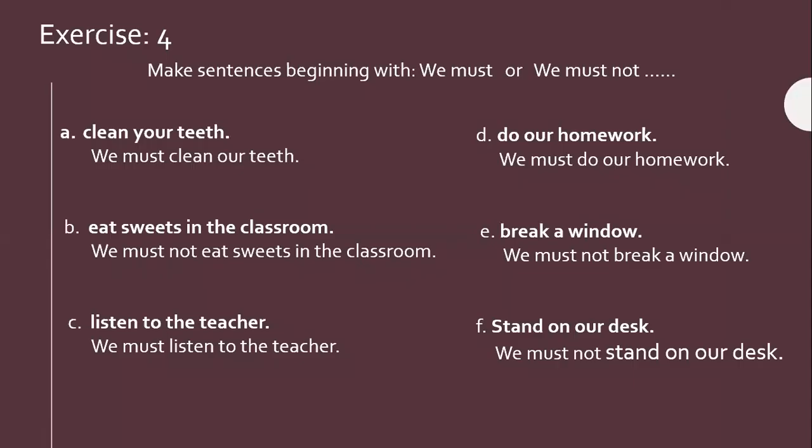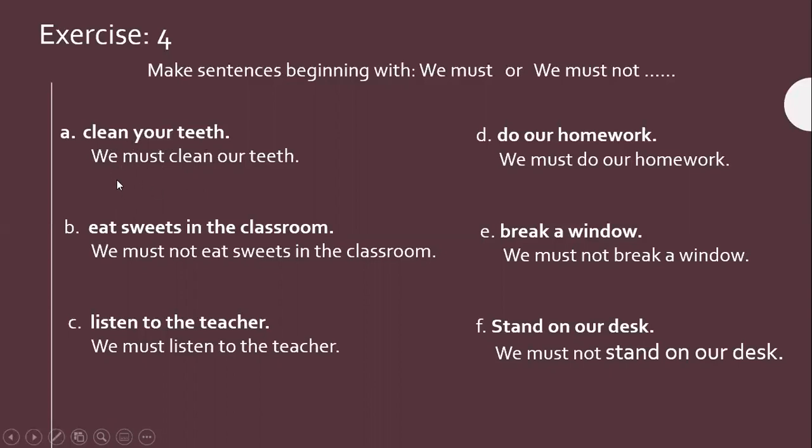Just look at this first. This is exercise 4. As I told you, you have to write we must or we must not with these things. Clean your teeth. You have to write in your notebooks like this: we must clean our teeth. Make a full sentence by using we must.